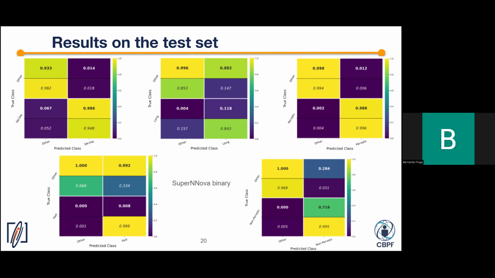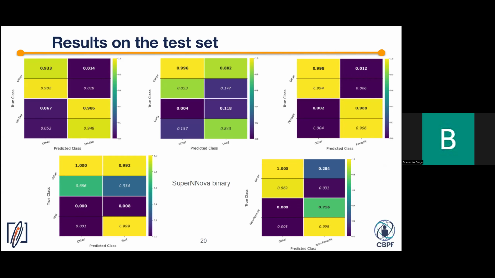And then the troubling classes are the long in the top middle and the fast in the bottom left. You can see that although the completeness for both of them is okay, the purity is not that good.